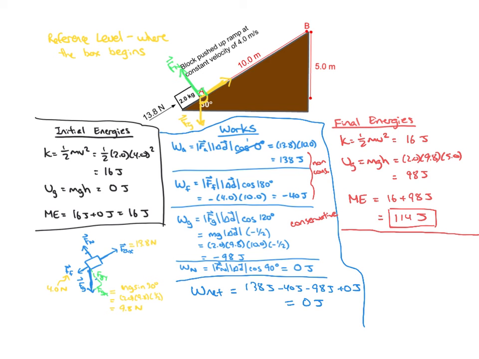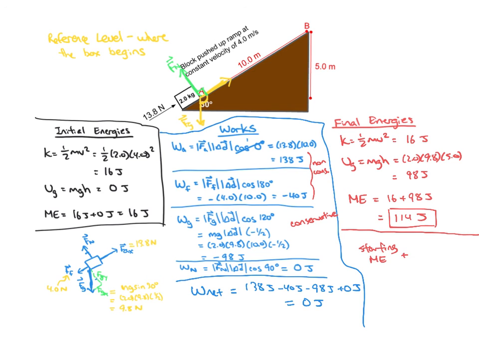So the mechanical energy, I guess one point, it was kind of by accident, I didn't mean this, but one point is that the starting mechanical energy will increase or decrease depending on how many joules of work were done on it by non-conservative forces.